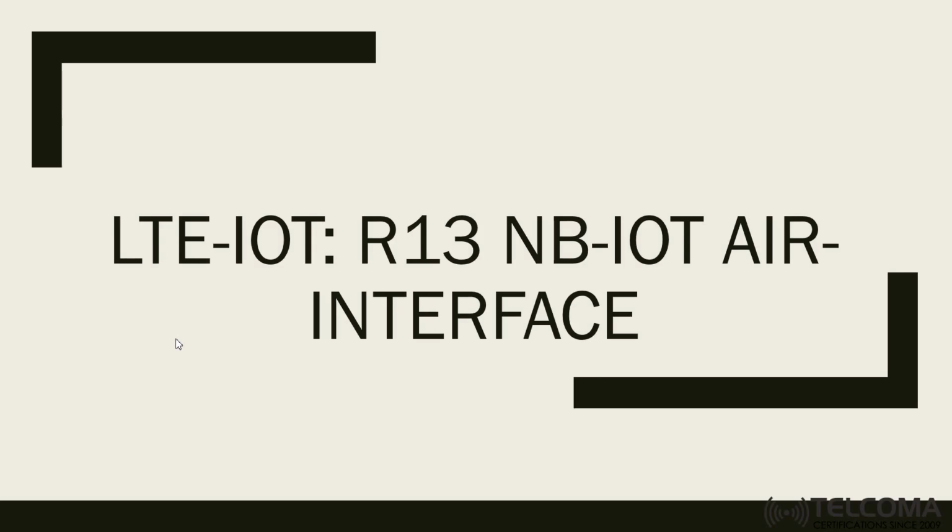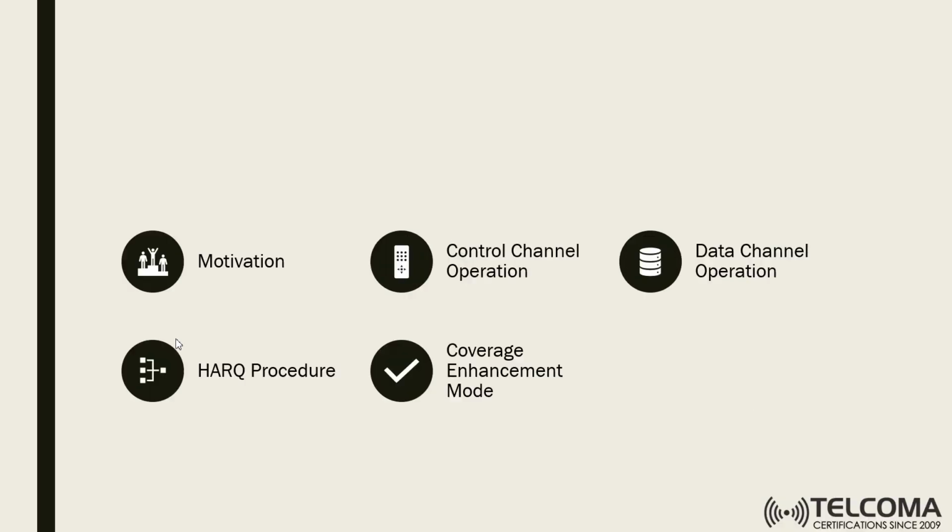Now let us see the last chapter of this course, that is Release 13 NB-IoT Air Interface. A few contents of this chapter are the same as EMTC. That is, first we will see the motivation of introduction of this NB1 or NB-IoT feature, and we will see the control channel operations as well as optimizations.